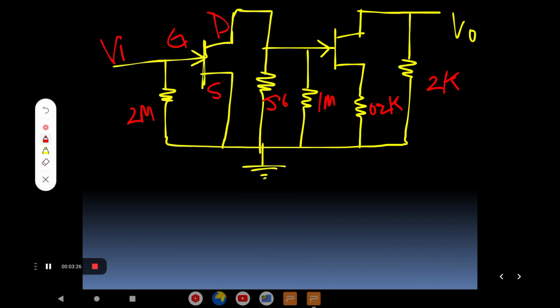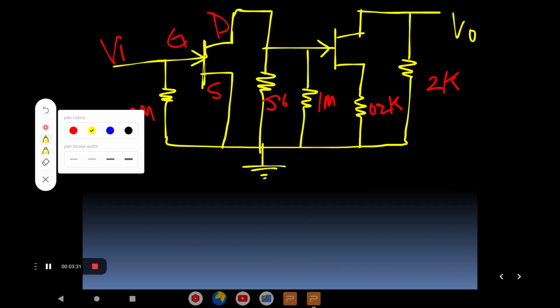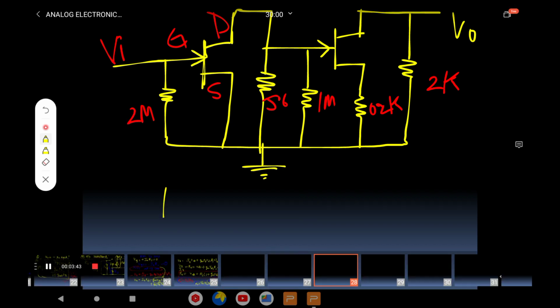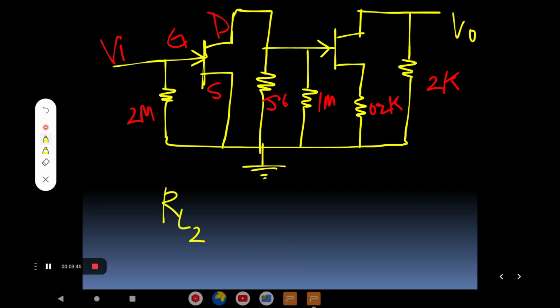That modification is simply made after calculating the values. The value we mentioned is generally called the first assumption, that is RL2. RL2 is equal to 2 kilo ohms.